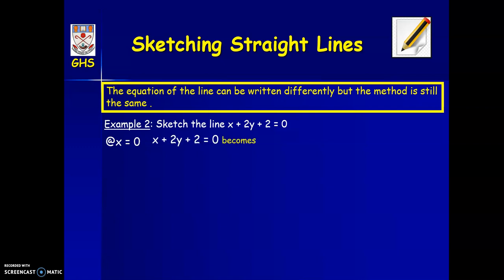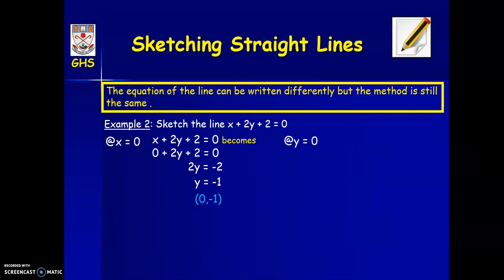So at x equals 0, the equation of the line becomes 0 plus 2y plus 2 equals 0. So again, we simplify and rearrange. So 2y is equal to, take the plus 2 over to the right-hand side and it becomes -2. And then divide, so y is equal to -1. So our coordinate point this time is 0, -1.